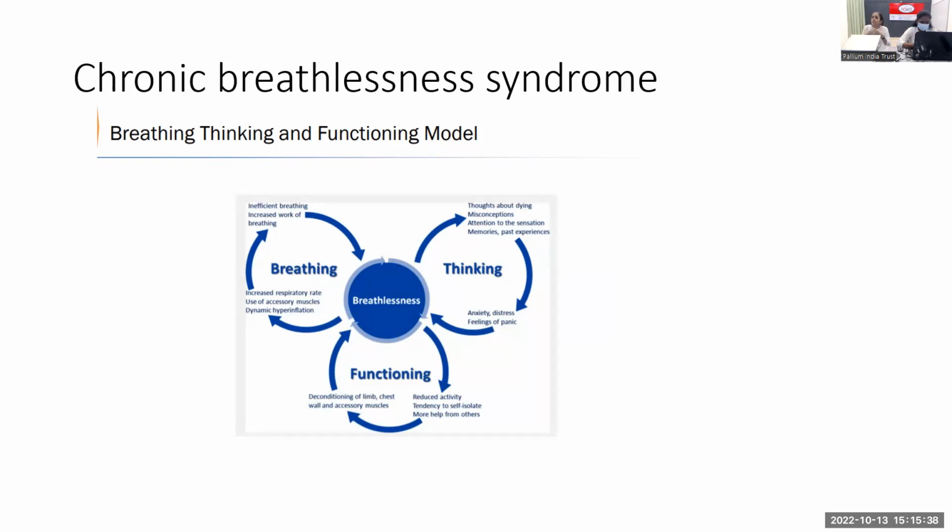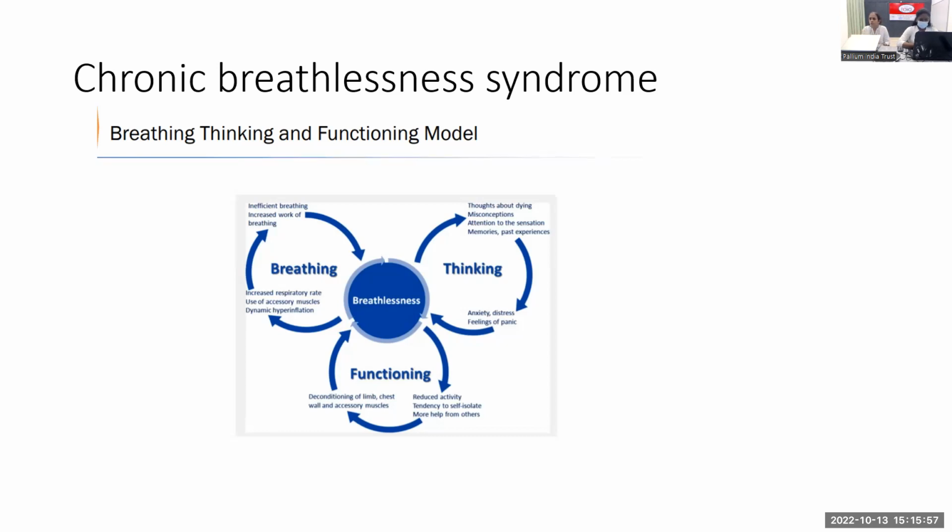And when you are breathless, they don't want to move, right? If the patients start moving around, then they become more breathless. So they don't move. If they don't move, what happens? Muscles will become weaker. When the muscles are weaker, they can't breathe properly. Again, that is another cycle.